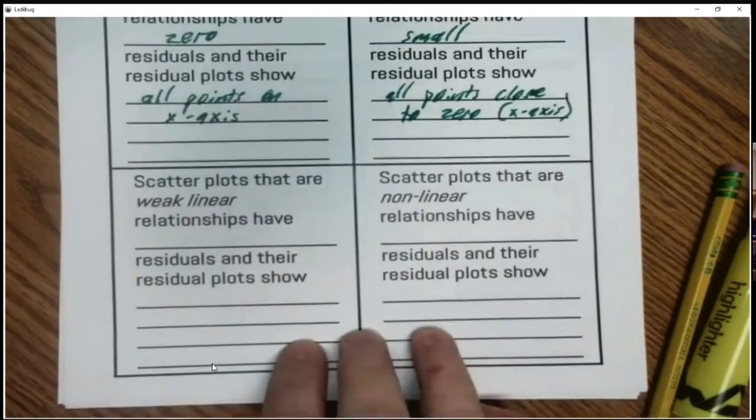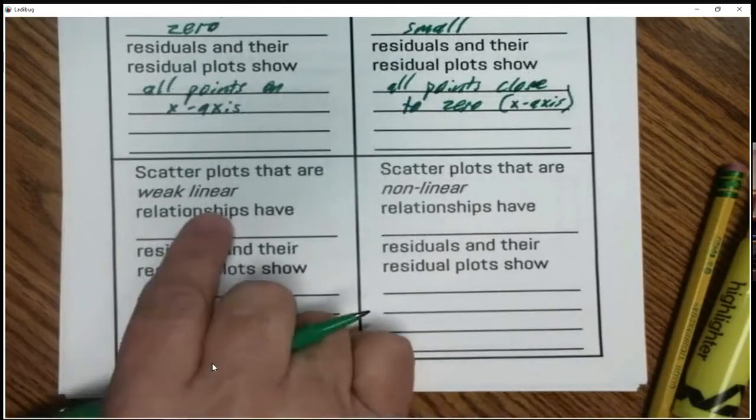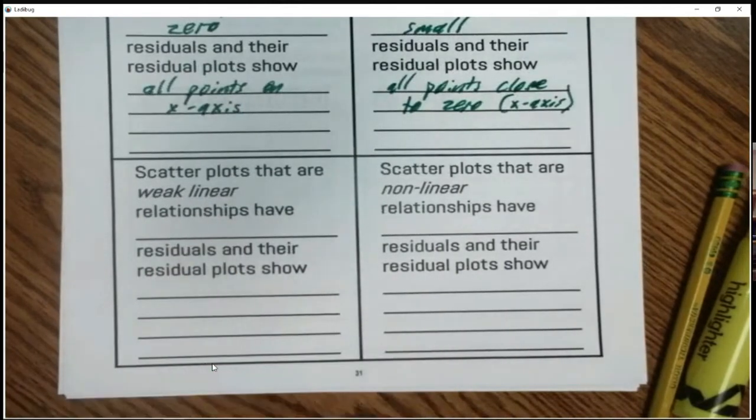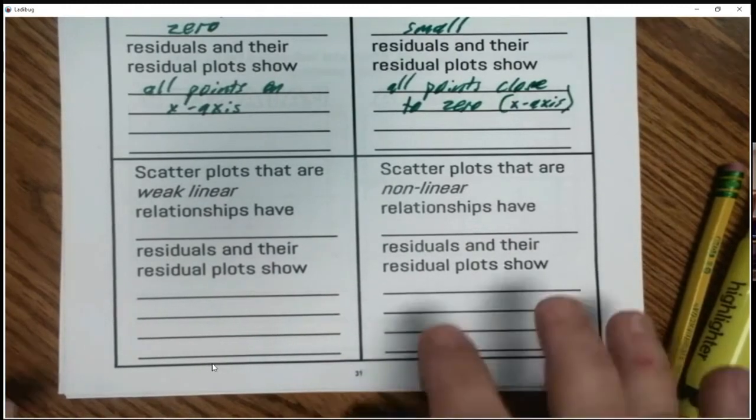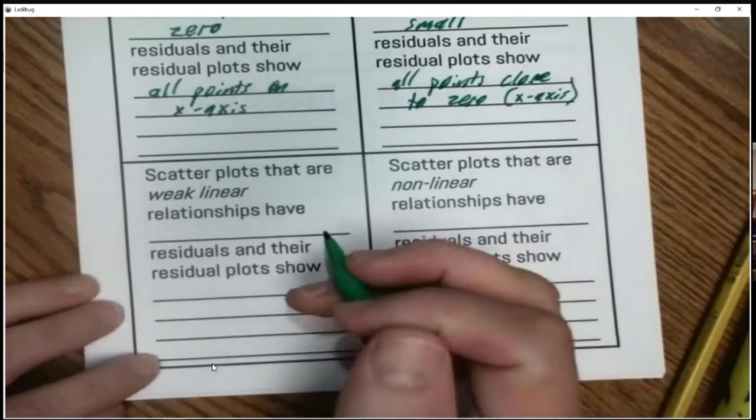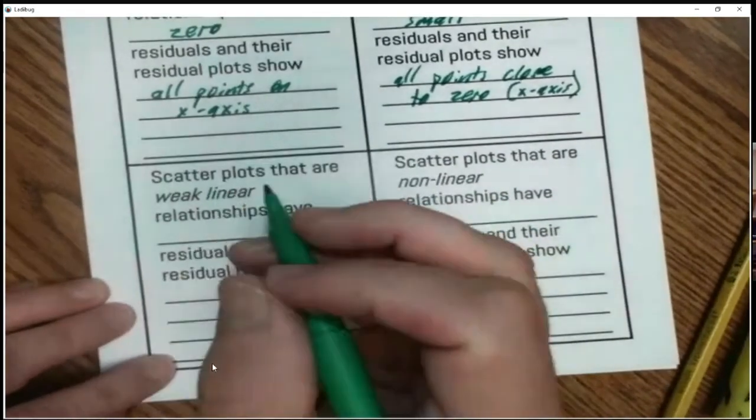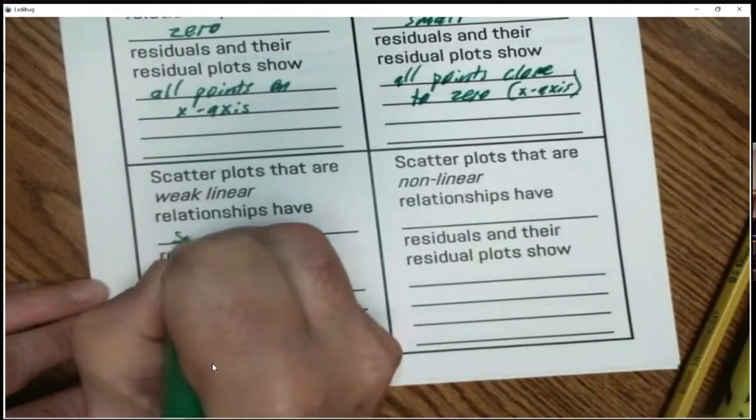All right. Scatter plots that are weak linear relationships, it is still somewhat of a linear. It's just not really tight, kind of like the one we saw where there's some of it that's higher and lower. We'll have, let's say, small-ish.